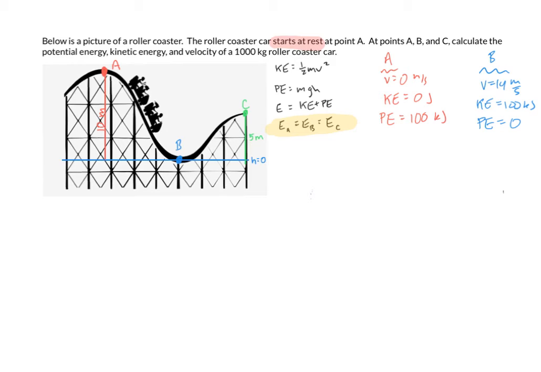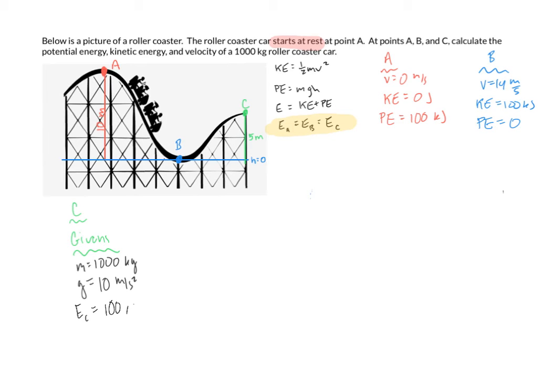So let's go ahead and get point C over with. At point C, my givens are the mass of the coaster is 1,000 kilograms, g is 10 meters per second squared, my total energy at C is equal to 100,000 joules, again 100 kilojoules, and my height at C is 5 meters.